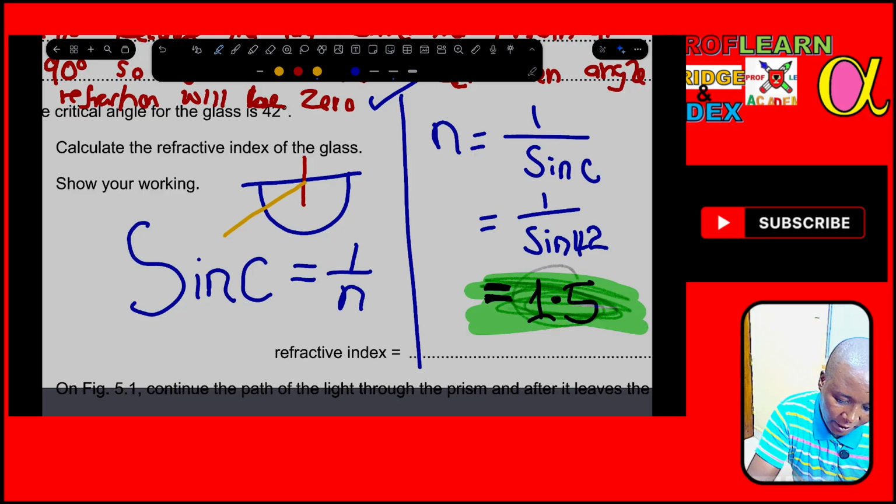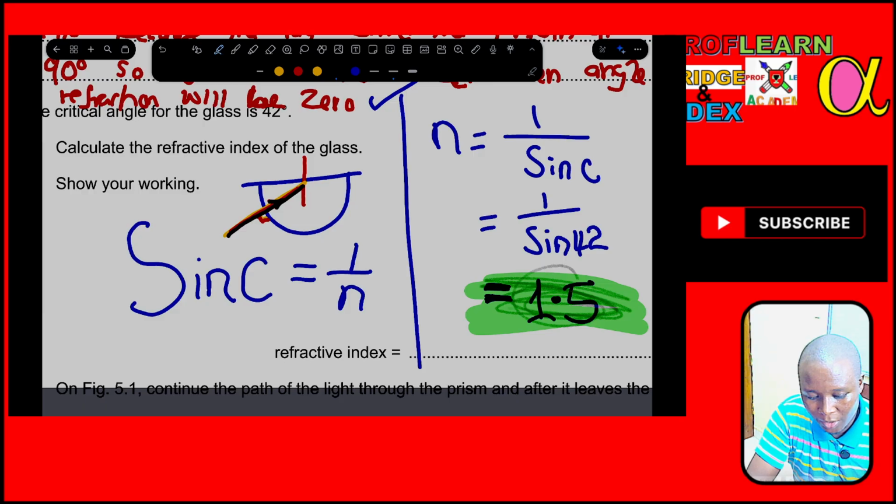At this particular point there is no refraction because this ray is entering the glass at 90 degrees, so there will be no refraction. So the angle of incidence is 90, angle of refraction will be 90. That's why the ray is going to enter into the glass block like that, undeviated.